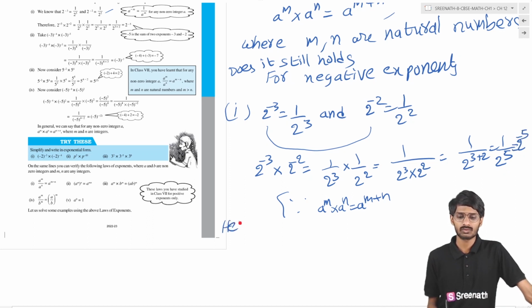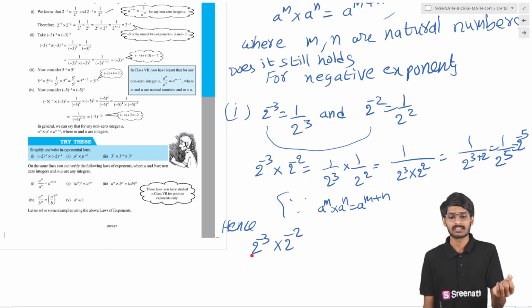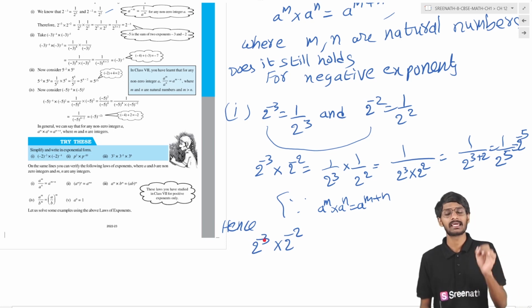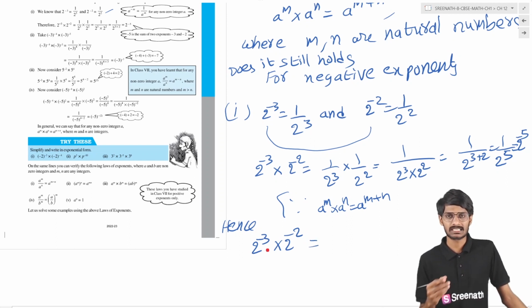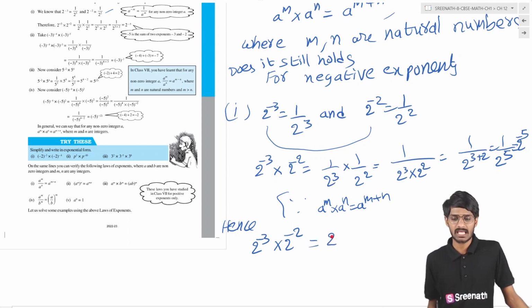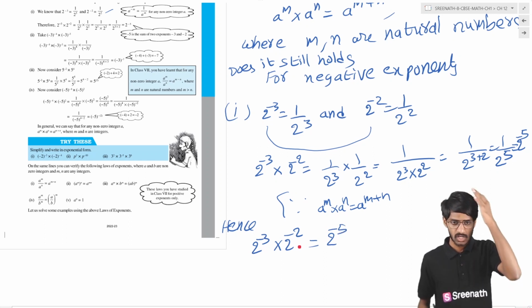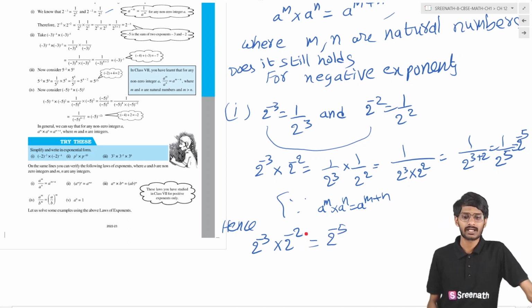Therefore, 2 power minus 3 into 2 power minus 2: we have multiplied two numbers with the same base and different negative exponents, and multiplying them we get a number with the same base, 2 power minus 5. So finally we can conclude that minus 5 is equal to minus 3 plus minus 2.